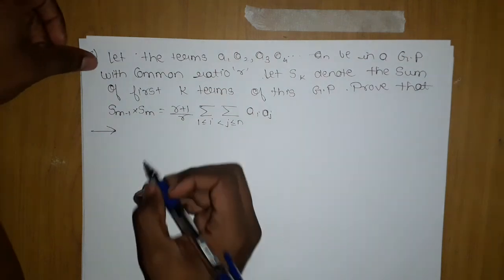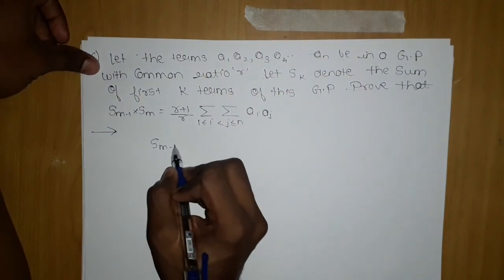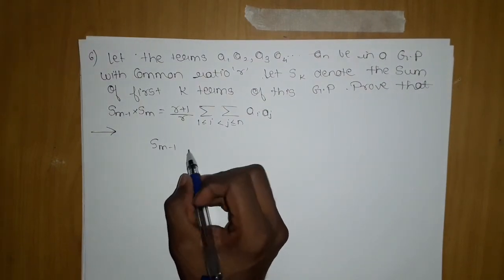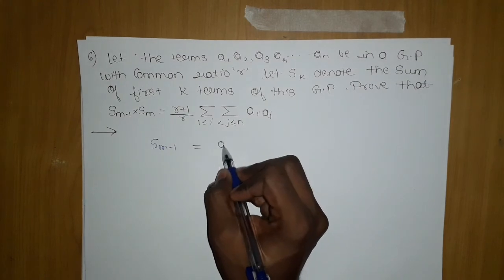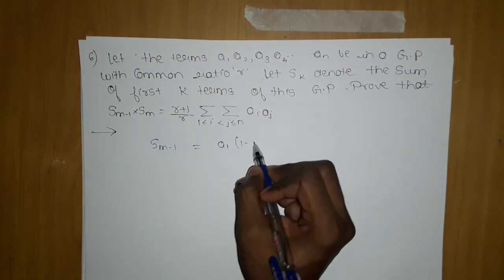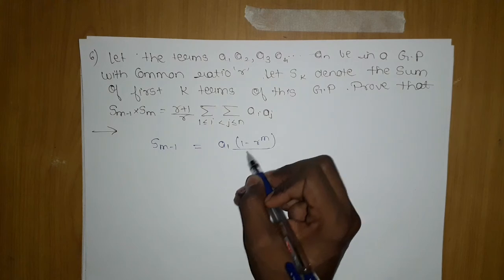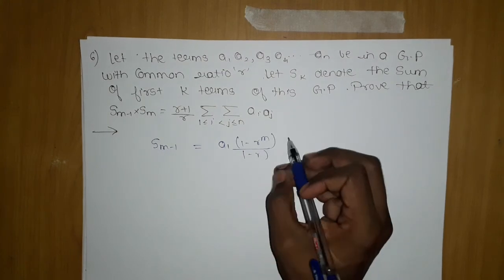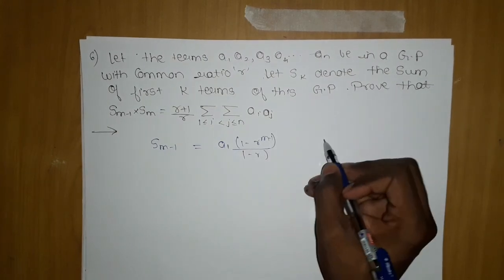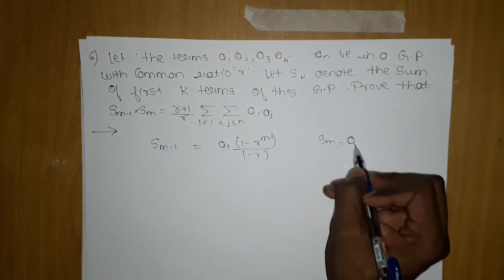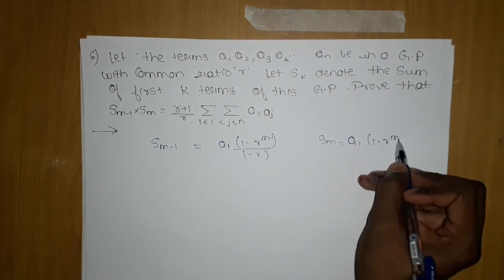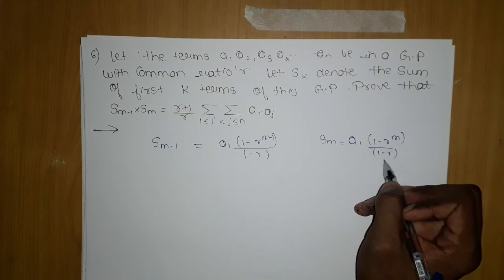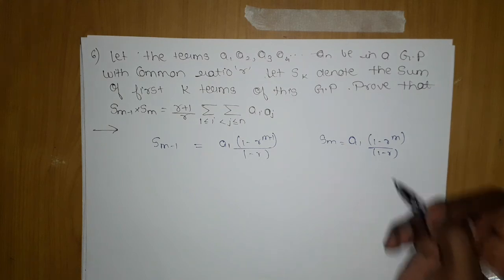Now S(m-1) in a GP will be a1 into 1 minus r^(m-1) upon 1 minus r, and Sm will be a1 into 1 minus r power m upon 1 minus r.